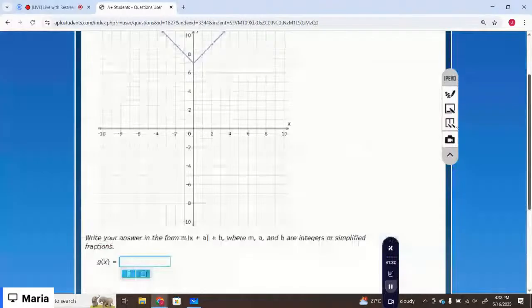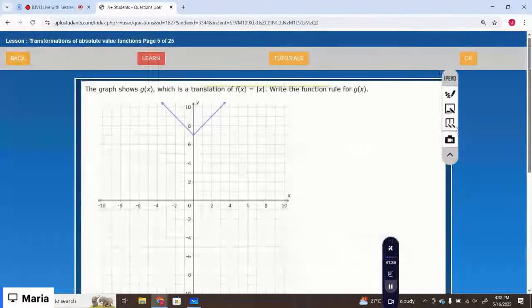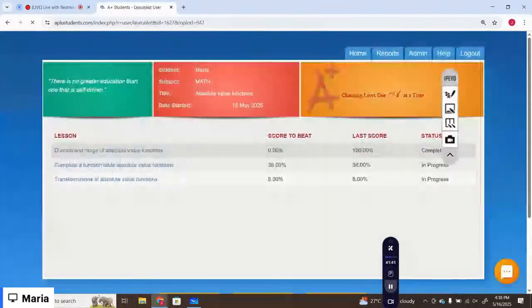Okay, you can complete the lesson by yourself for today. So we are working on grade 9 math. The chapter we are working on is absolute value functions.